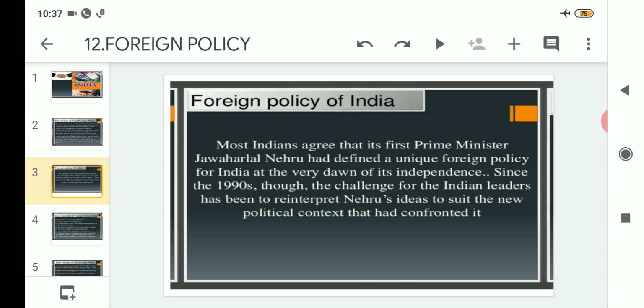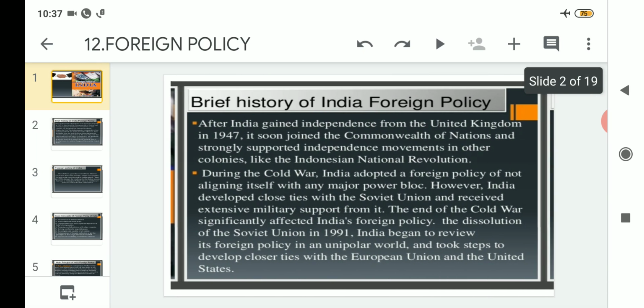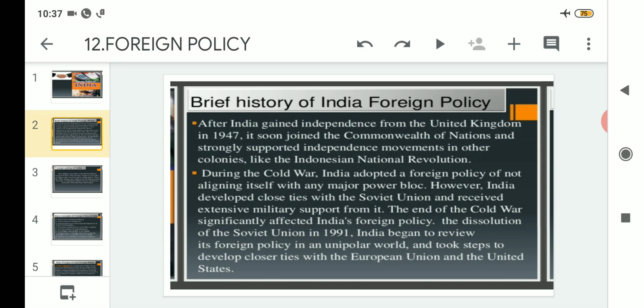So with this, we have come to the end of today's topic. In today's topic, we first started understanding the history related to India's foreign policy, from when it started. After that, we also looked at the pros and cons of the foreign policy of India, in which India was involved in a situation of dilemma from the year 1947 to 1991.